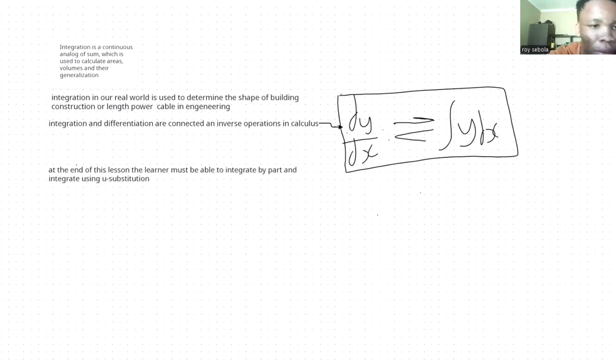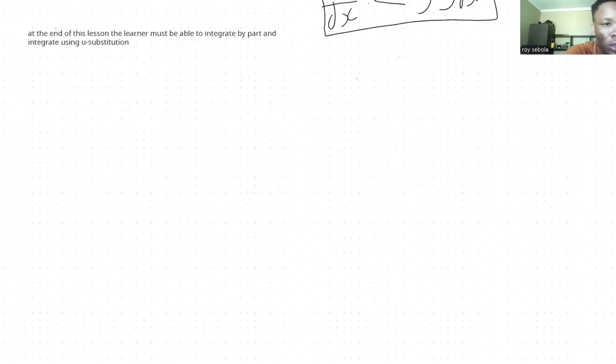For integration by parts, the formula says the integral of u dv is equal to uv minus the integral of v du.